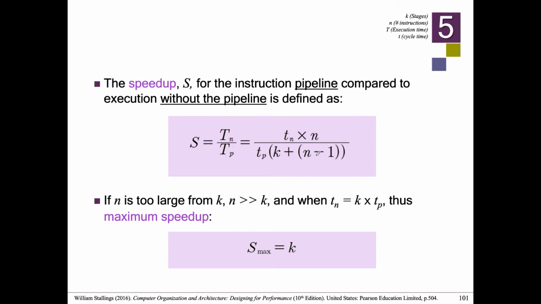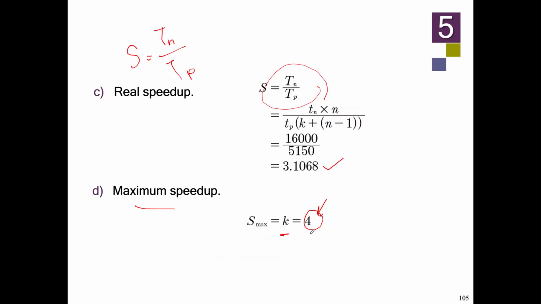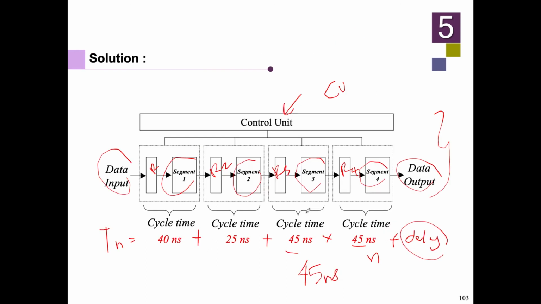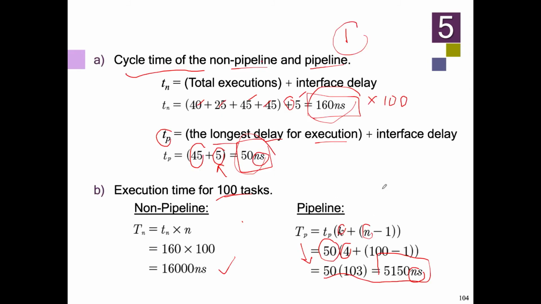So you need to take a look over here. S maximum equals k, so your k will be 4, because you have 4 segments, not 4 tasks, 4 segments. You have 4 segments altogether, so your k will be 4.